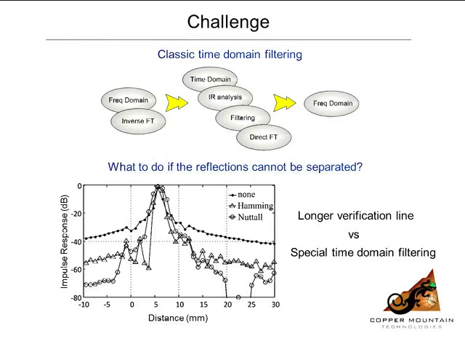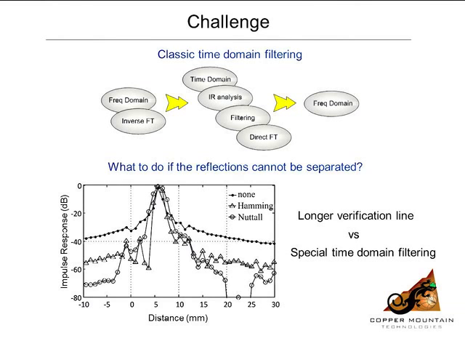At the top of the slide here, we see the building blocks or the process for the classic algorithm for filtering in the time domain. FT here is Fourier transform, right? And impulse response analysis is performed. Basically, with the help of the inverse transform, the measured frequency response is transformed into an impulse response.